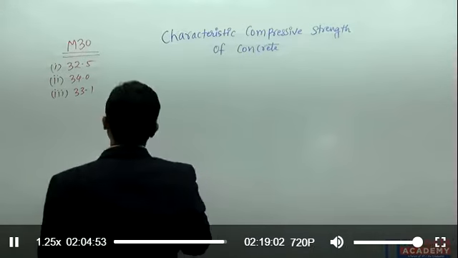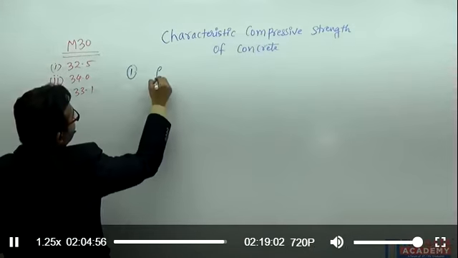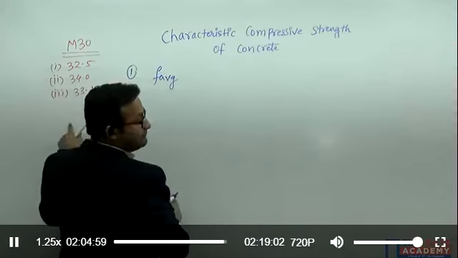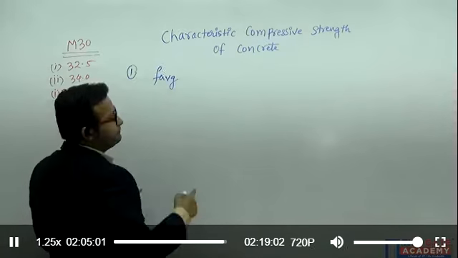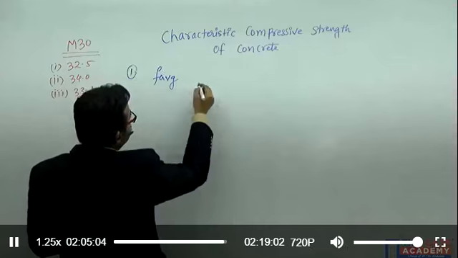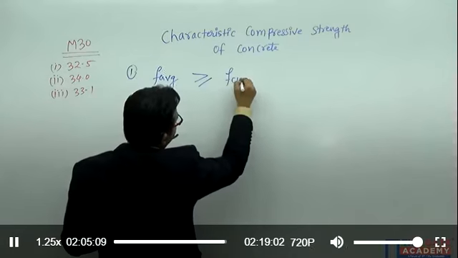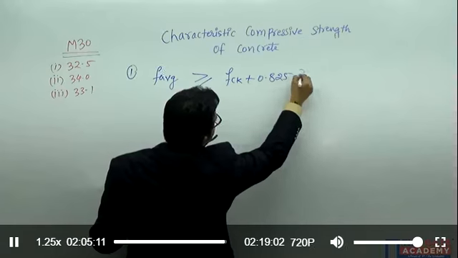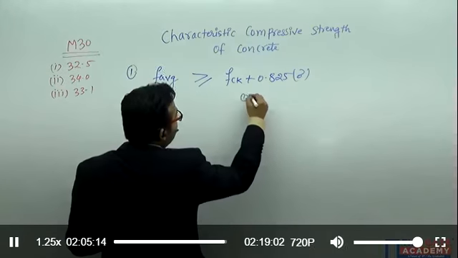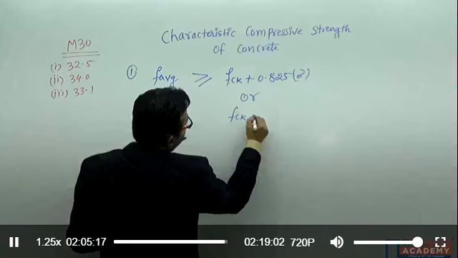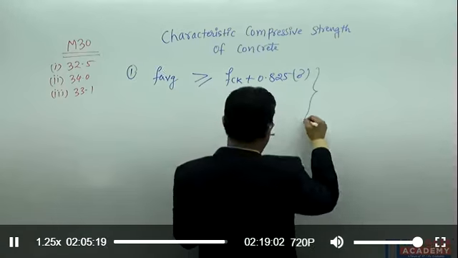As per the first criteria, for the M30 grade of concrete, for grade greater than M20, f average shall be greater than or equal to fck plus 0.825 into standard deviation sigma, or fck plus 4, whichever is maximum.